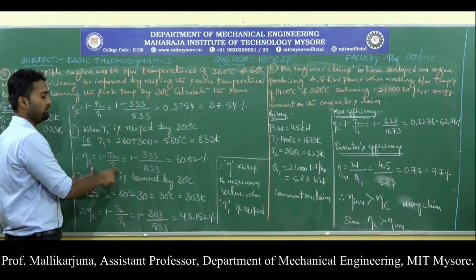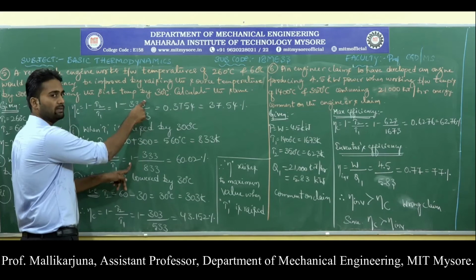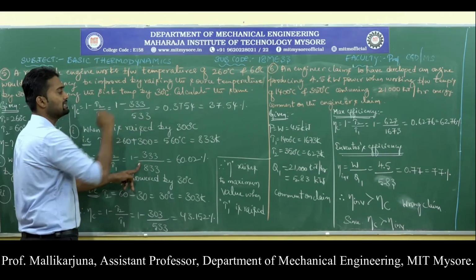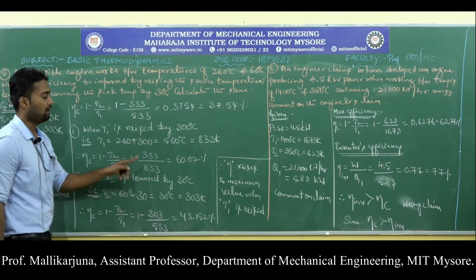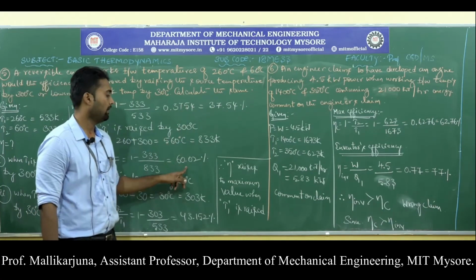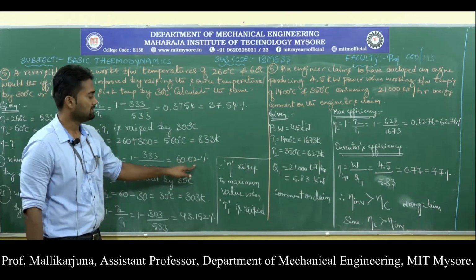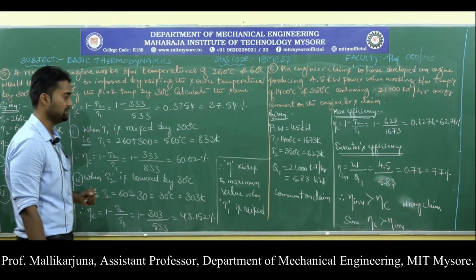Efficiency will be 1 minus T2 by T1, 1 minus, I have not altered T2. What was the value of T2 at the initial stage? It is 333 Kelvin divided by T1, which has been raised by 300, which is nothing but 833 Kelvin. Upon raising the temperature, efficiency has gone up to 60.02 percent. This is the efficiency if you raise the source temperature by 300 degrees Celsius.